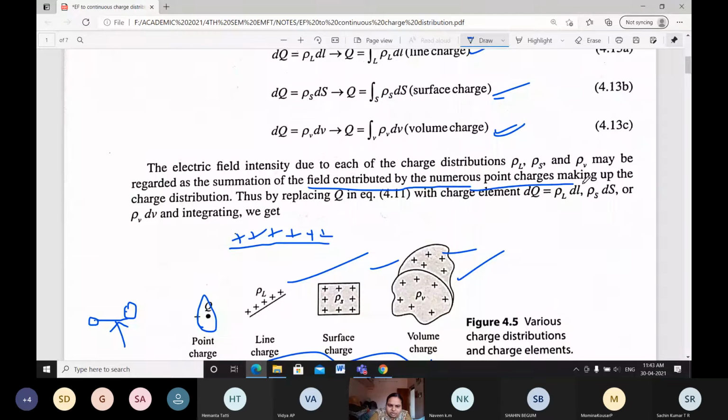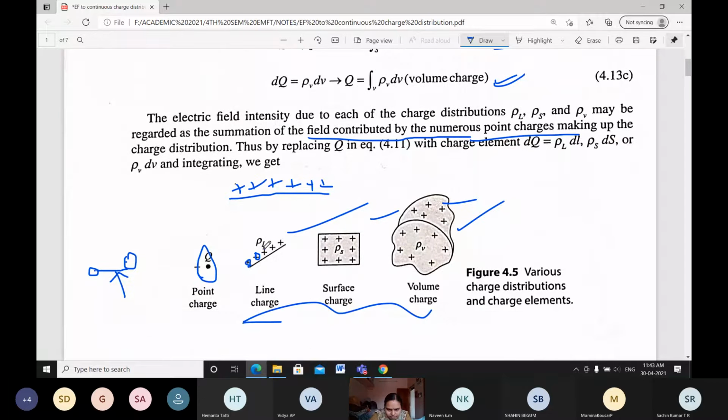In terms of a surface, each charge has its own electric force, its own electric field and also its own intensity. When I want to take the whole line, I have to add all of these. For that reason, it is taken as numerous point charges making up the charge distribution. We have to take the summation, adding each point charge.